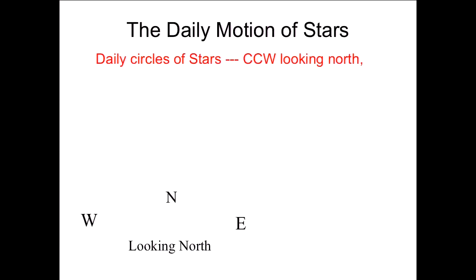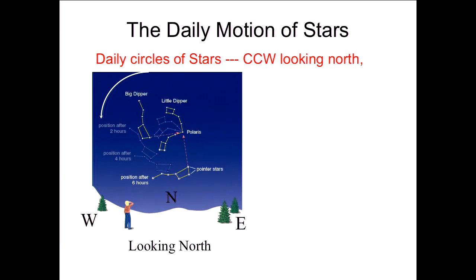Let's talk about how the stars appear to move. There's your friend, the Big Dipper again. There's a person. Now you're going to have to picture this. This is a person looking toward the north. By the way, take a deep breath.